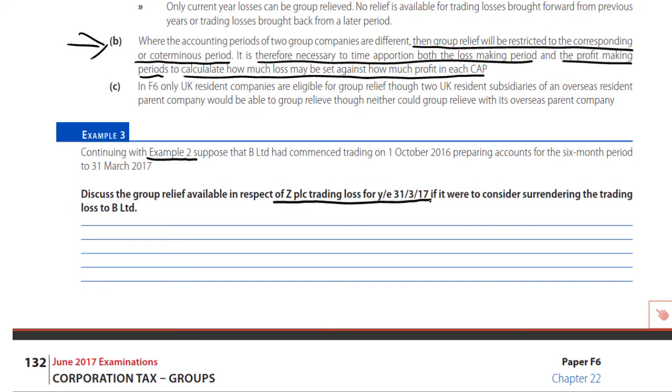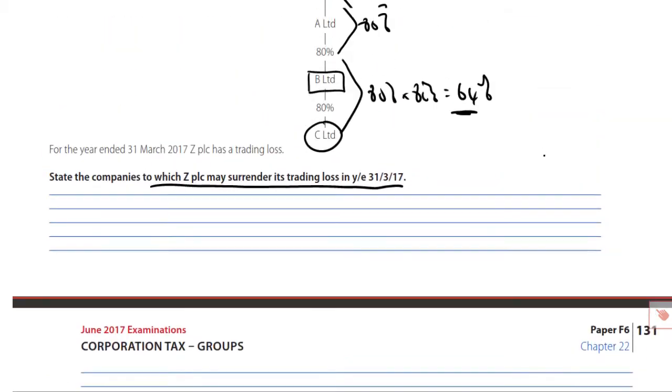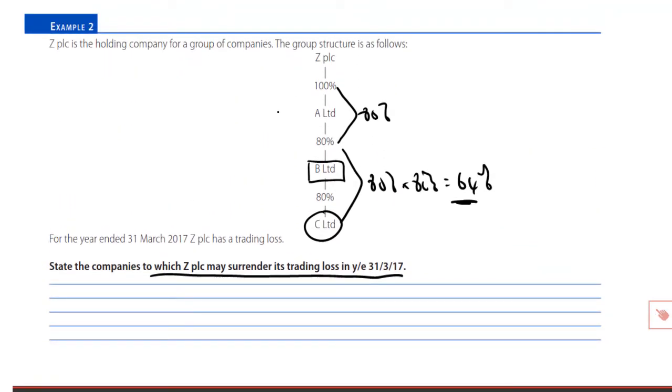It had share interests in A Limited and then the object of this question, B Limited. We saw that Z could group relieve with both A and also with B. With A because it had a 100% direct link, and with B because it had an indirect effective holding of 80%. Both satisfied the 75% rules.